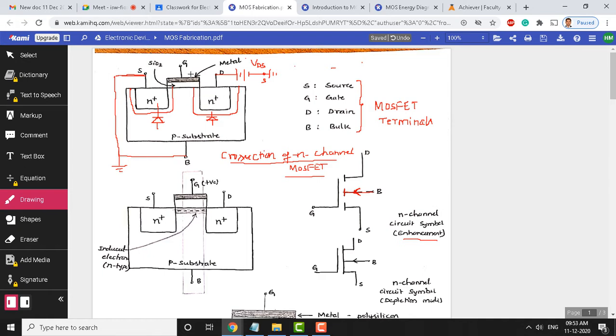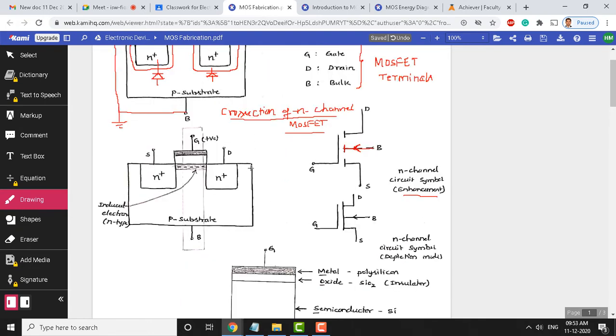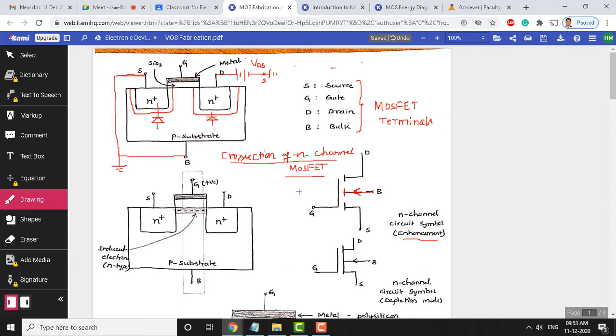Without the gate voltage, you can see these two regions remain isolated. Now, what happens if you apply positive voltage at the gate? Without gate voltage, if the gate voltage is made 0, even if you apply voltage between drain and source, the current cannot flow.